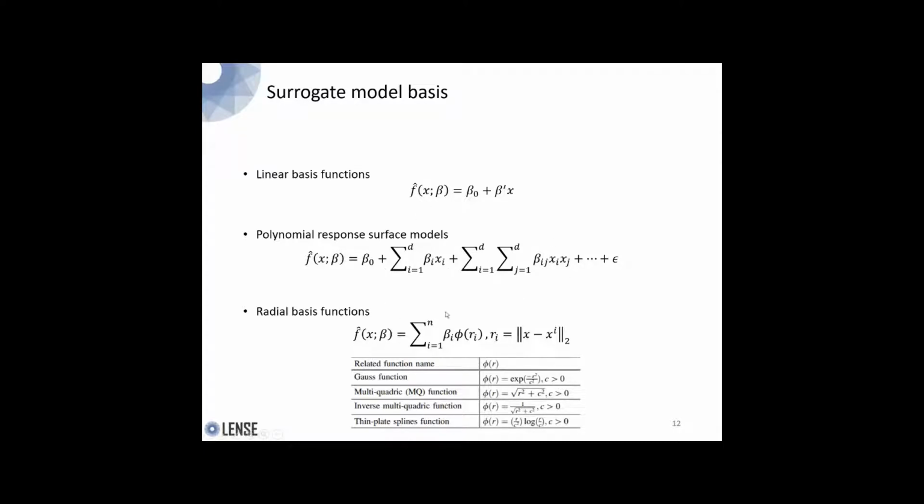Or radial basis, which is essentially a local model, right? The function really depends on the distance. And there are different forms of radial basis. So these are what they call local basis functions. Polynomials are basically global basis functions, because they're not concentrated in any local point.